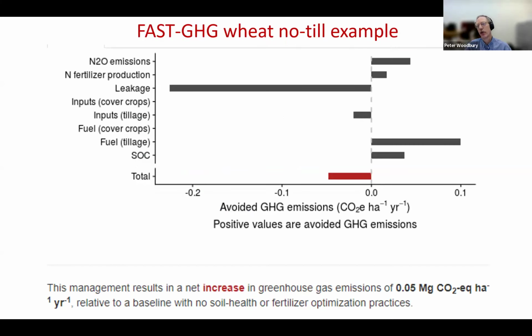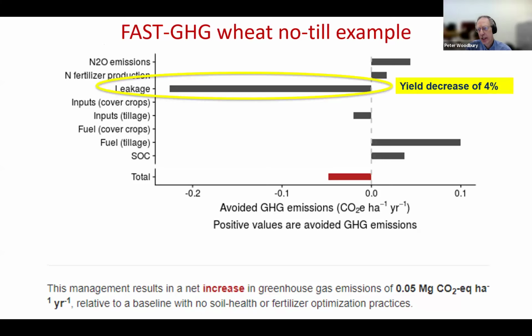So unlike for corn, we're getting the red bar and the negative value is showing that we have an increase in greenhouse gas emissions from no-till in wheat. And the big contribution here is leakage. So there's a very large bar for leakage as a source category. So what is that about?